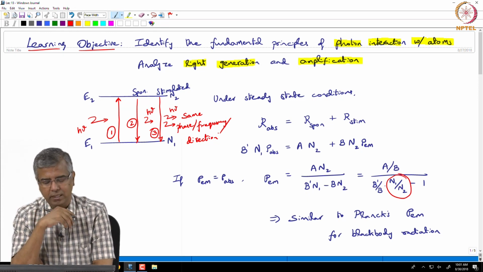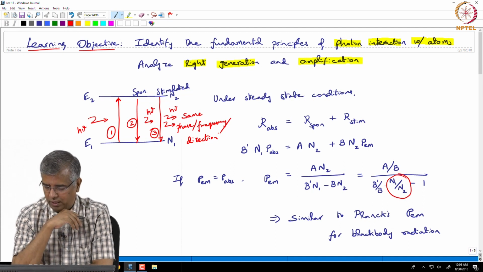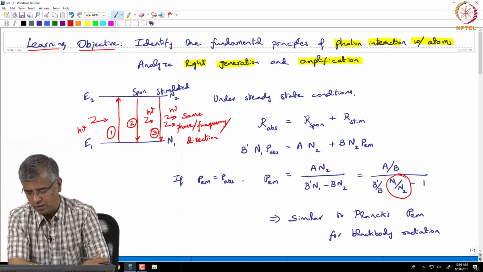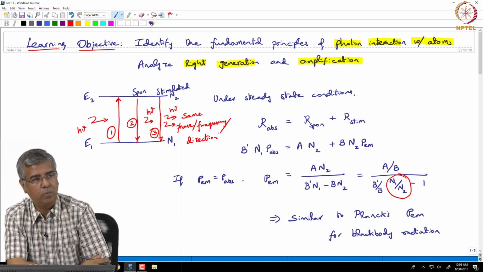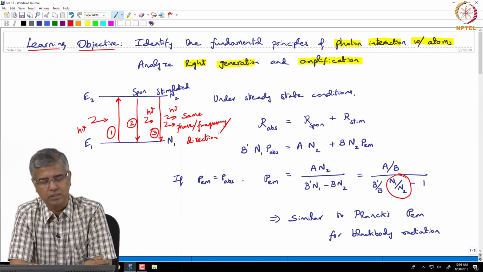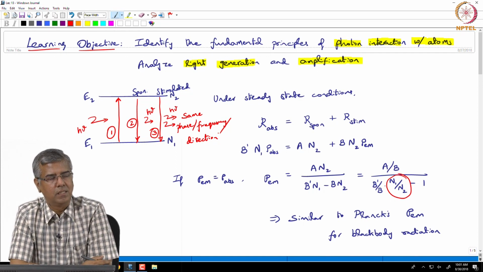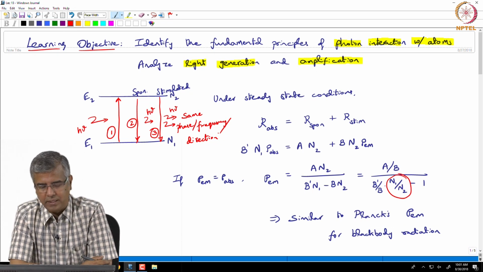So, then we started looking at the system under steady state conditions, what are the different rates of these processes, and then we came up with an expression for this emission probability density, which is an important factor that determines how much of the light is undergoing stimulated emission versus spontaneous emission.